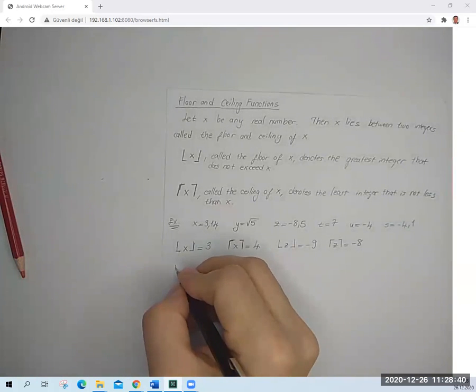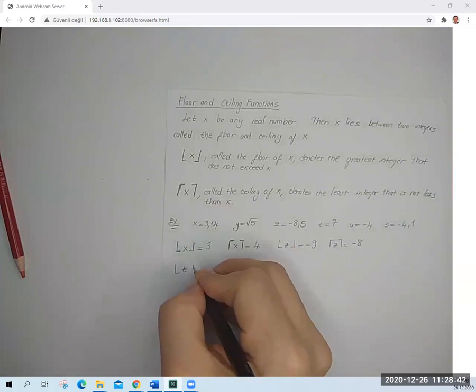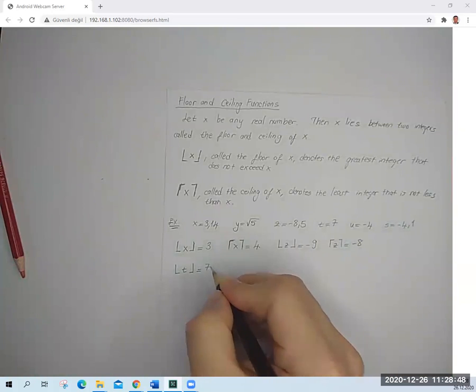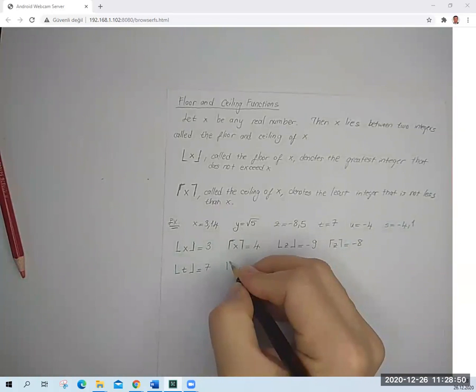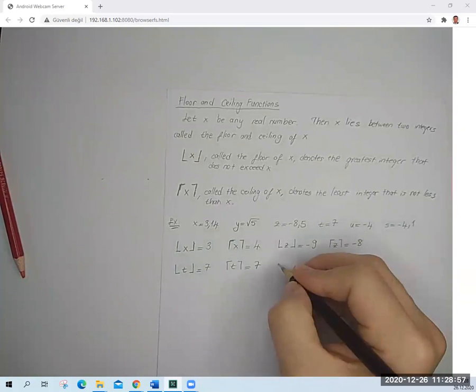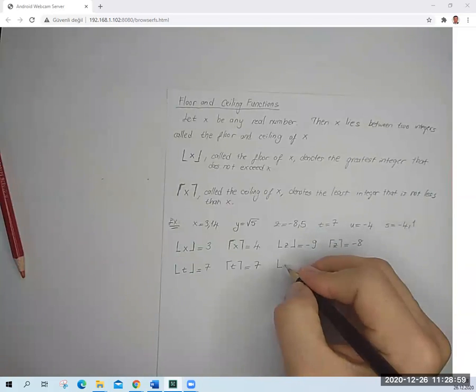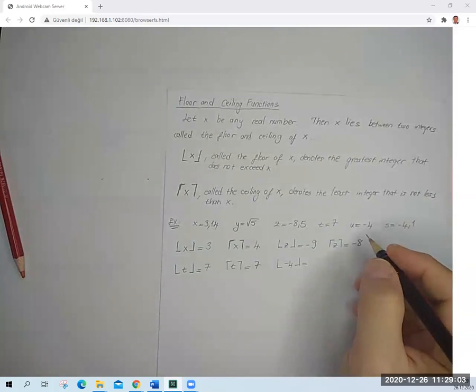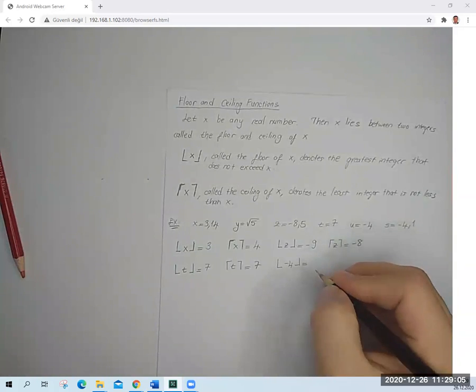And t is 7, so again it is going to be 7. If you write the ceiling of t, this is again 7, and the floor of u, minus 4, is again minus 4.